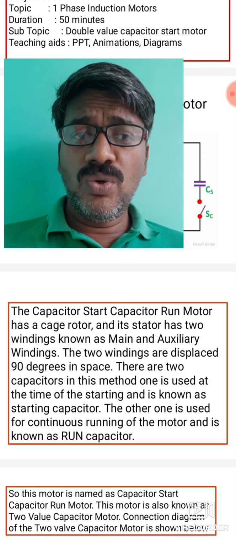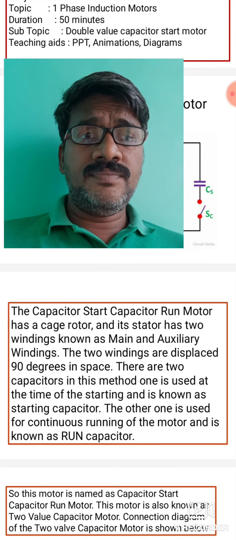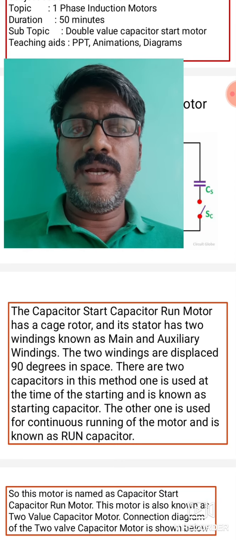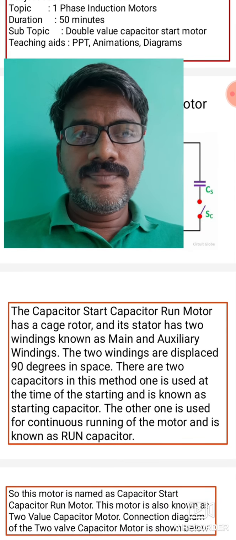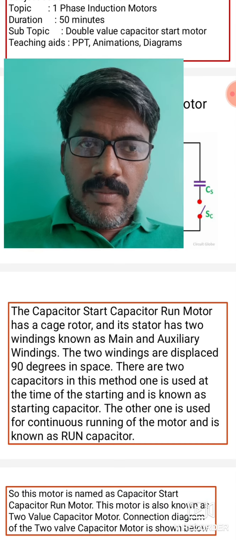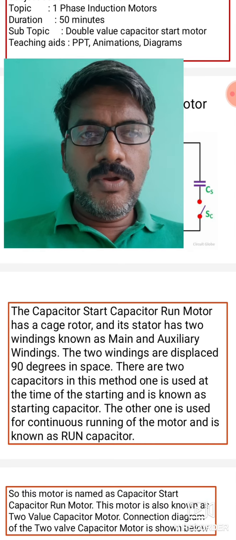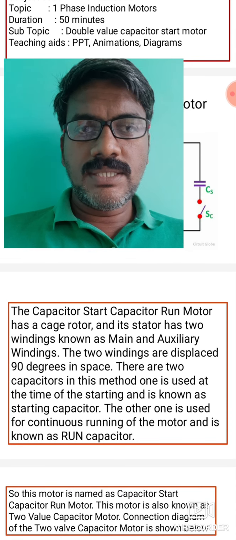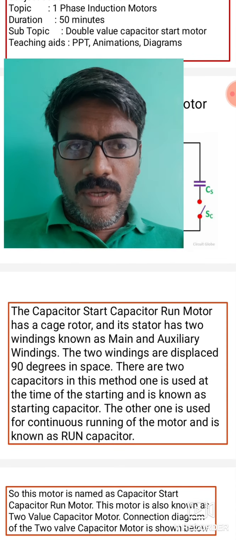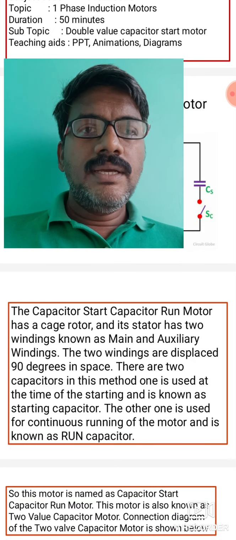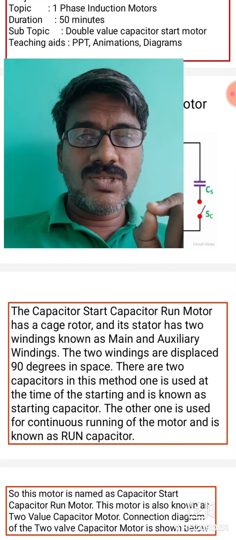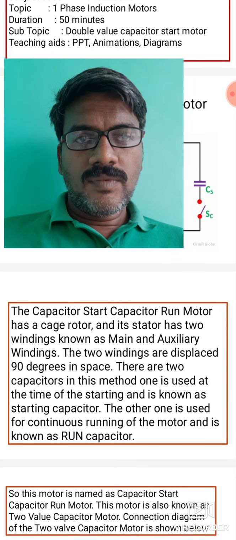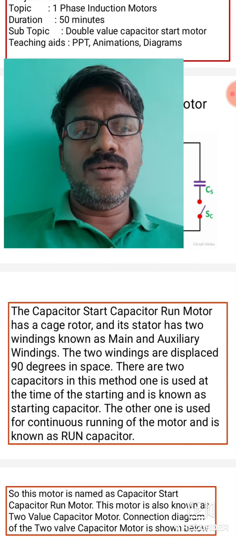Squirrel cage rotor means the copper bars are short circuited at the two end rings, and the copper, iron, or aluminum bars are skewed, not parallel to the axis, to avoid magnetic locking. This is just like a cage, that's why it is called a cage rotor. Bars are short circuited, that's all.